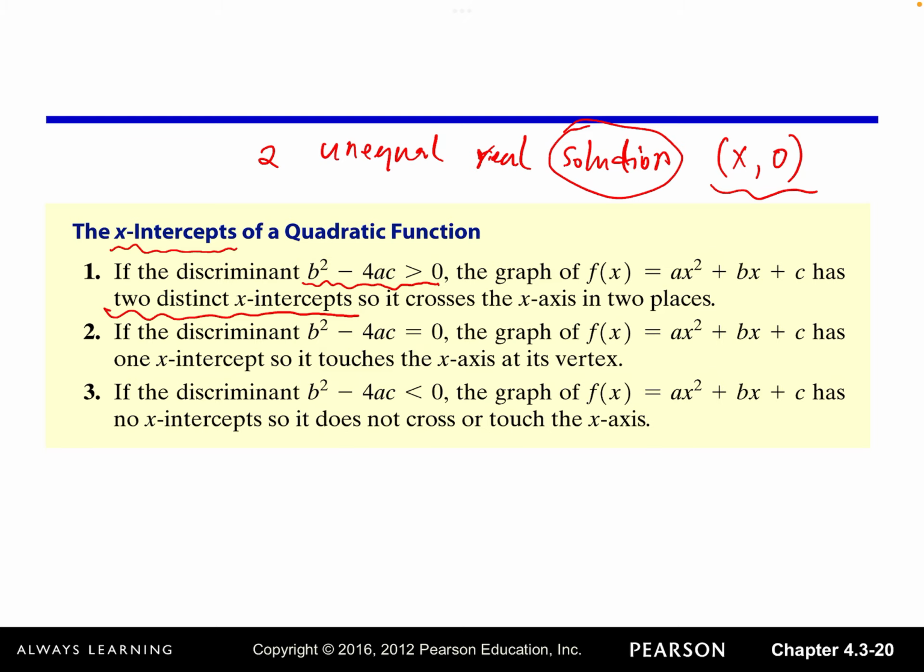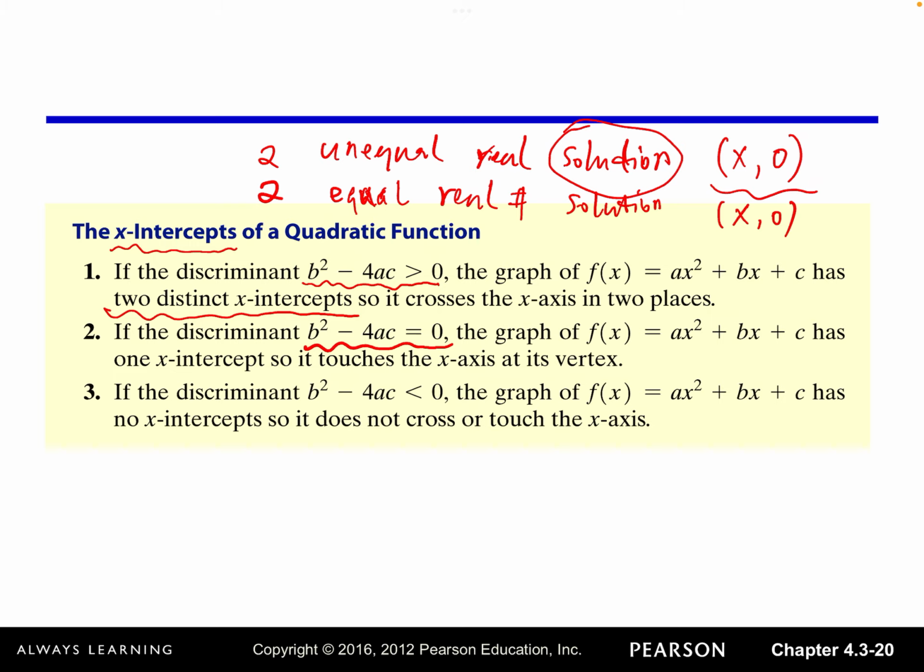If the discriminant equals 0, in chapter 1 we said the quadratic equation has two equal real number solutions, right? That still means we have two x-intercepts, but they are on top of each other.